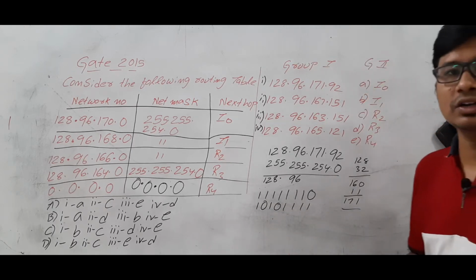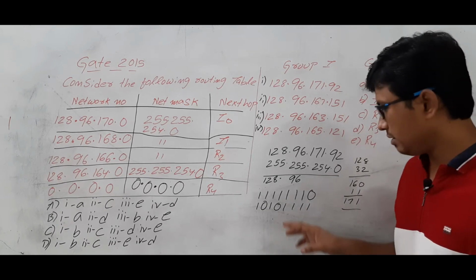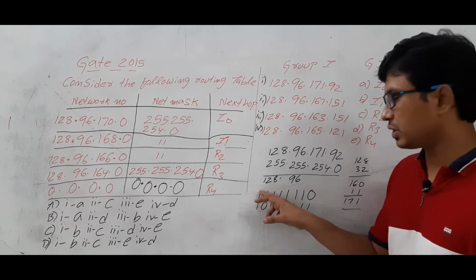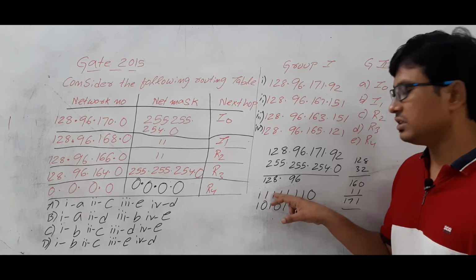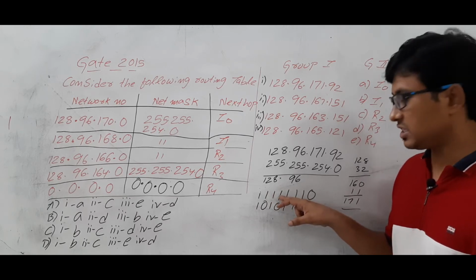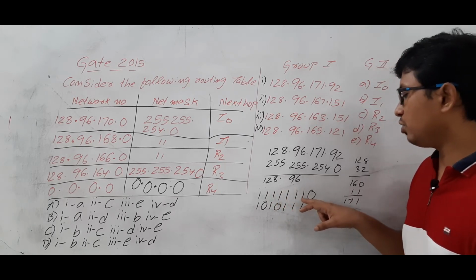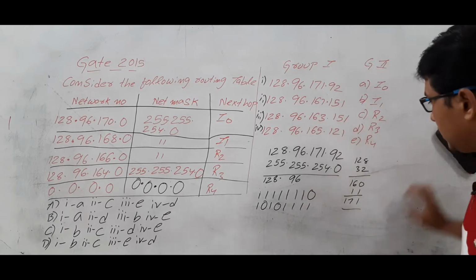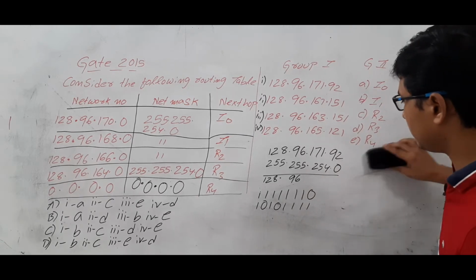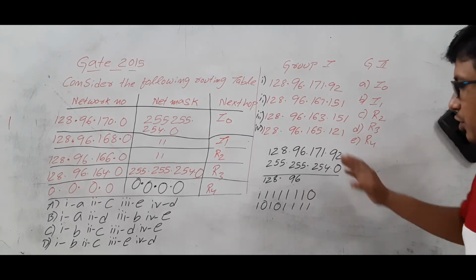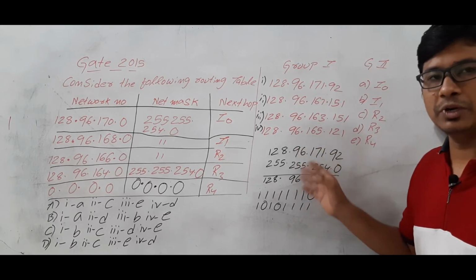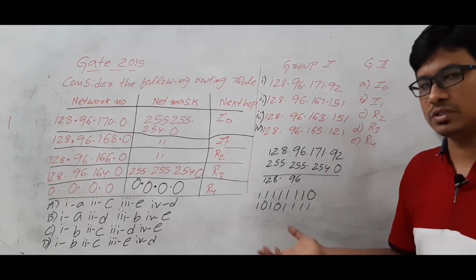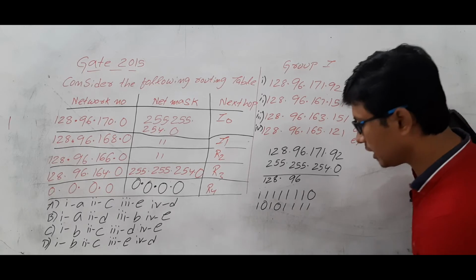See, these are the shortcuts I am using, because I know the place values: 128, 64, 32, 16, 8, 4, 2, 1. So I am doing it directly. If you want to convert a decimal number to binary with the normal procedure, you can do it, but it will take time.